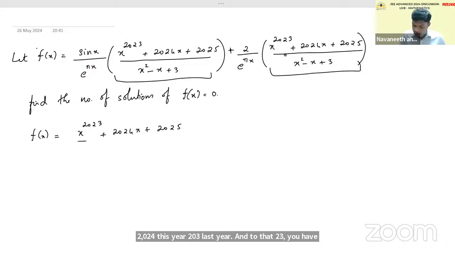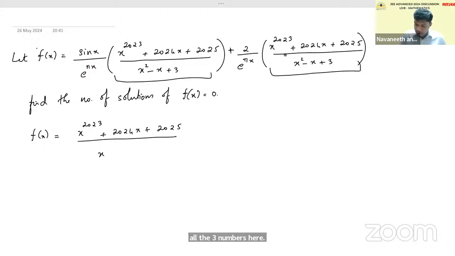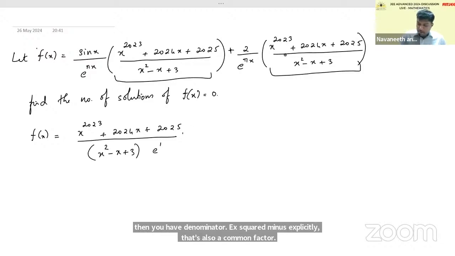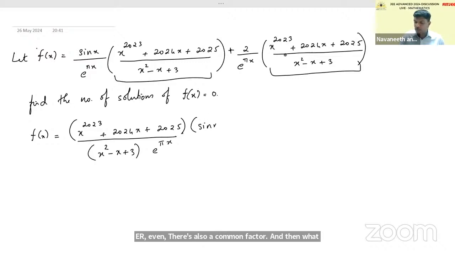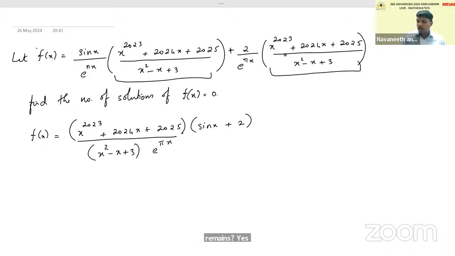And then you have the denominator x square minus x plus 3. That is also a common factor. Even e to the power pi x is also a common factor. And then what remains is sin x plus 2.